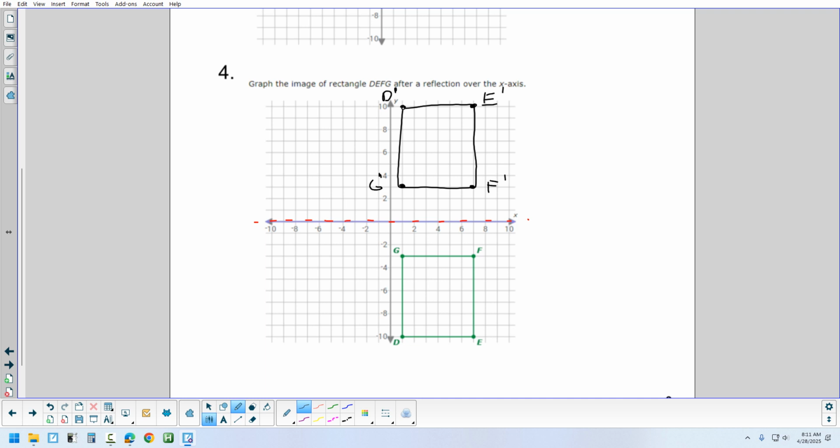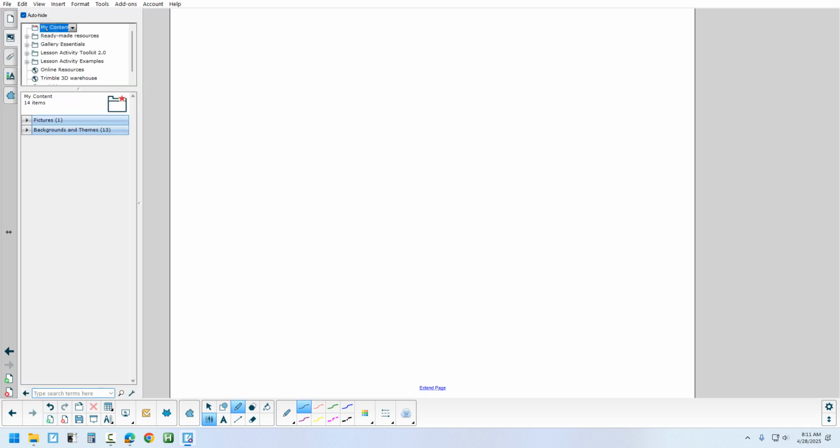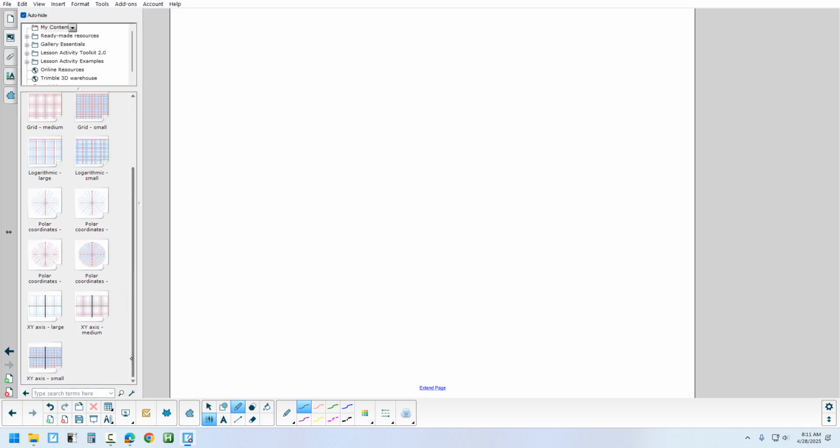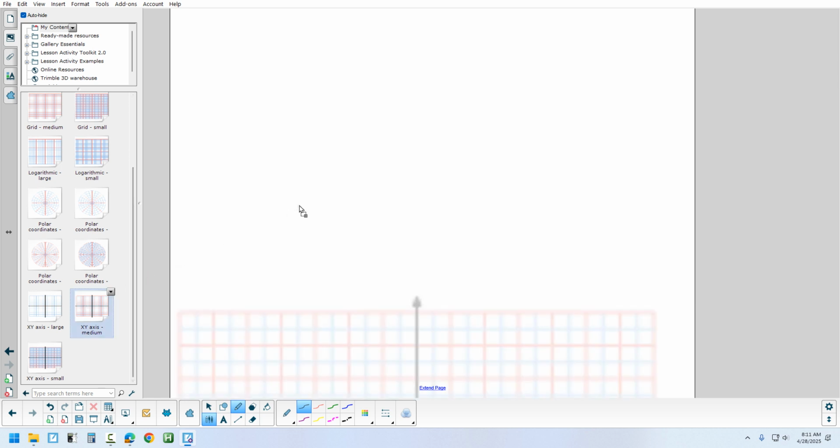All right. So now let's do one like this on the MCAS, where they ask you to do 2 things at the same time. Like take a point, shift it, and then reflect it. And for this one, I'm just going to use a single dot.